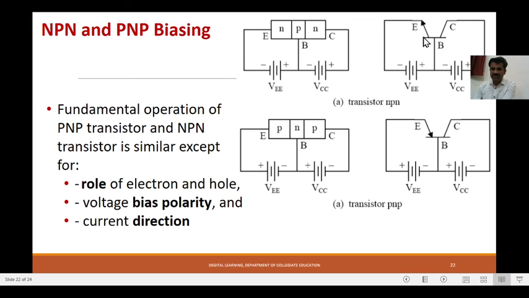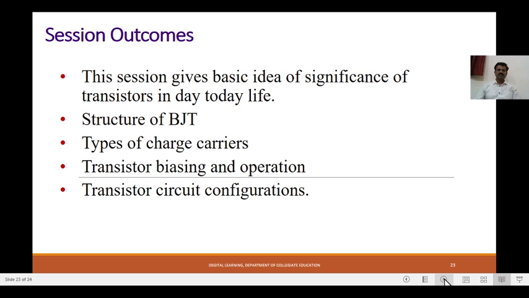Current direction is also important. Here the majority charge carriers are moving from the emitter region towards the base region. The direction of current flow also changes when the type of transistor is changed.